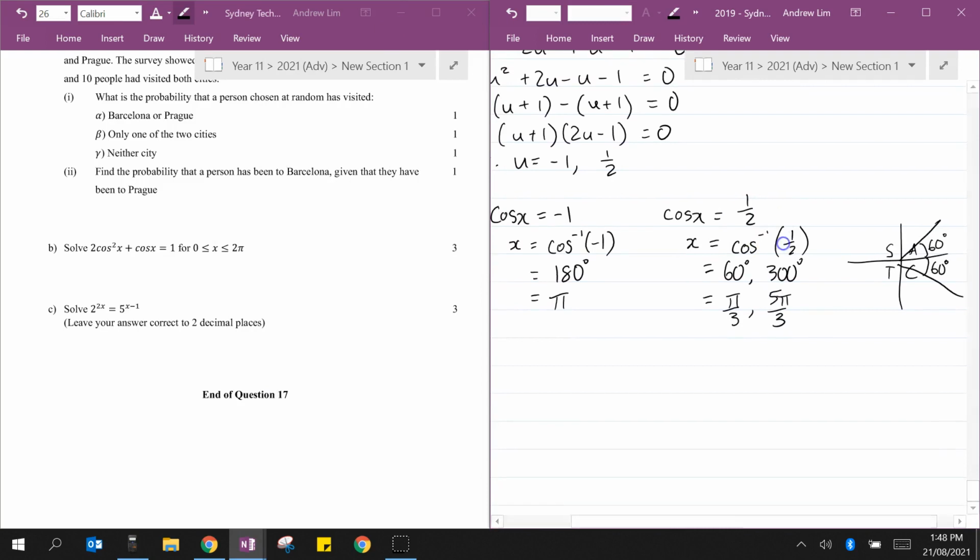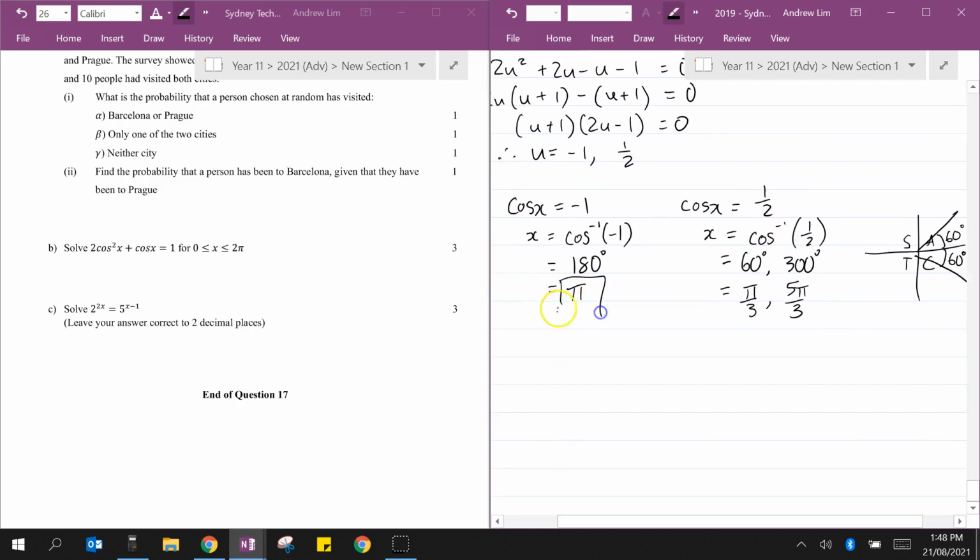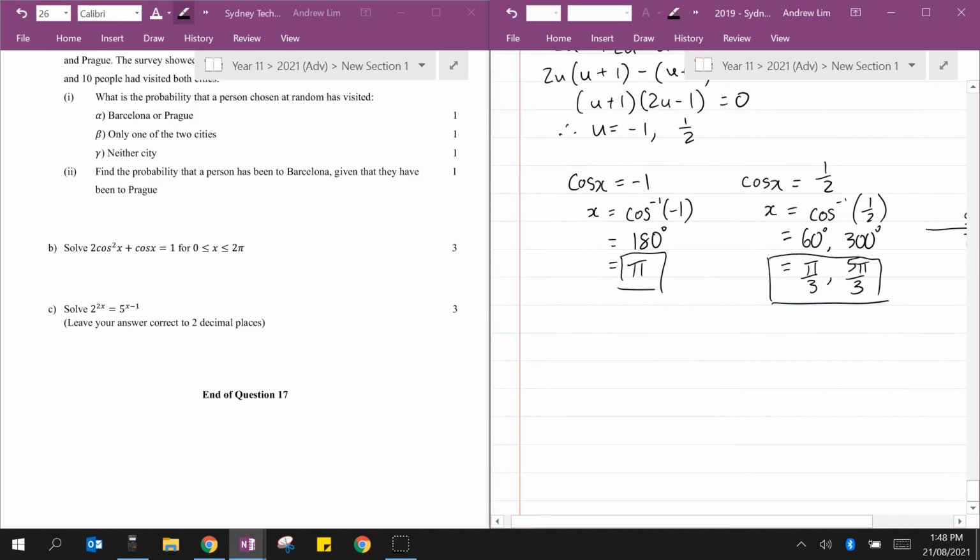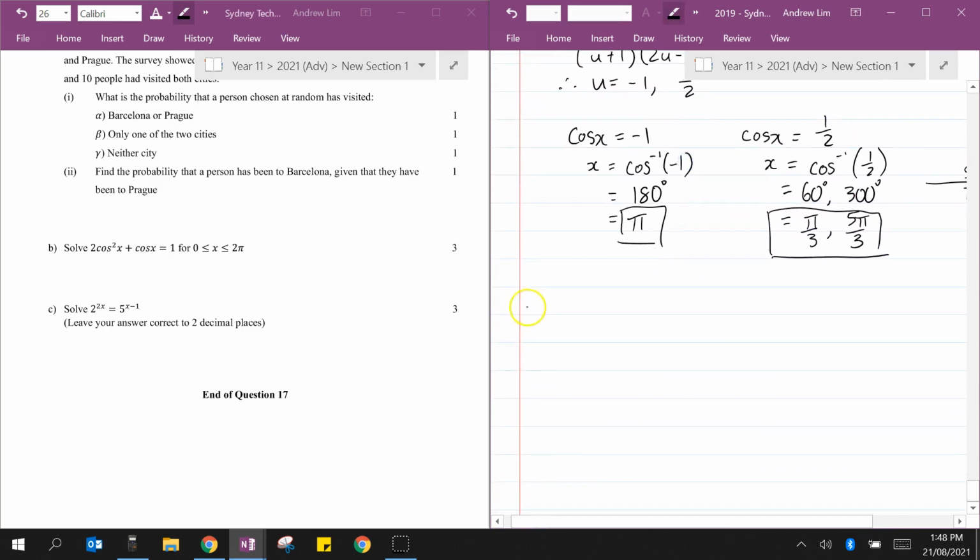Okay, so these are our final answers. Question C. Solve 2 to the 2x is equal to 5 to the x minus 1. Alright, we'll probably have to use logs here.